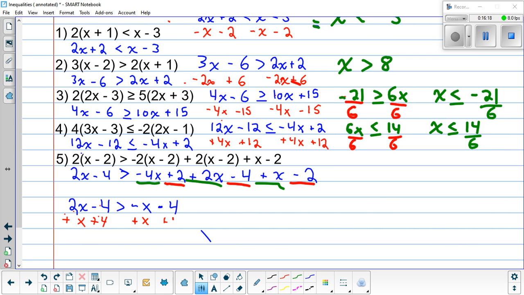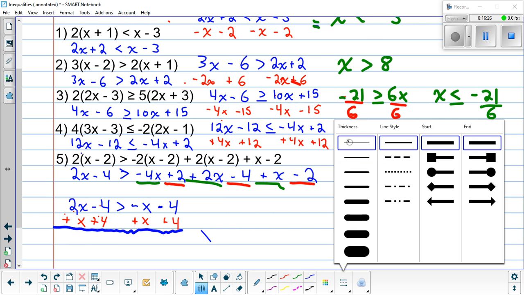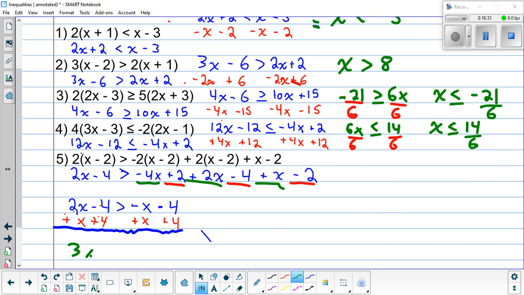So we add 4 over here. Very end, we're going to find that we get our total answer as 3x is greater than, well, that's 0. So, if 3x is greater than 0, then 1x also has to be greater than 0.